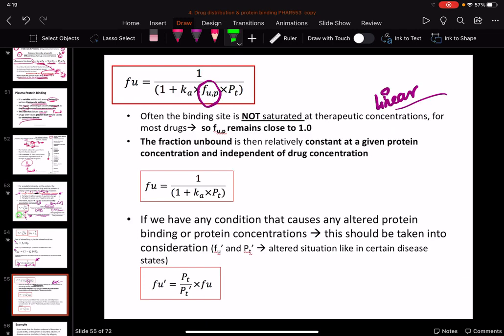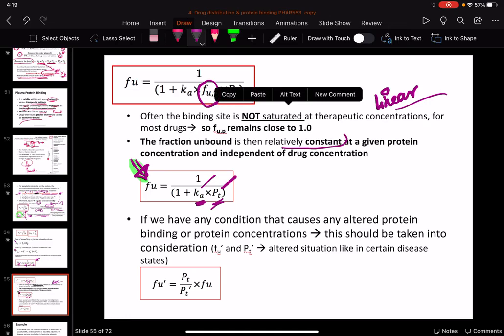Accordingly, the fraction unbound of the drug depends on the association constant and the total concentration of the protein, which means this won't be changed and this won't be changed. So in the usual case, it depends on the given protein concentration and the association constant, which is not affected by the drug concentration.